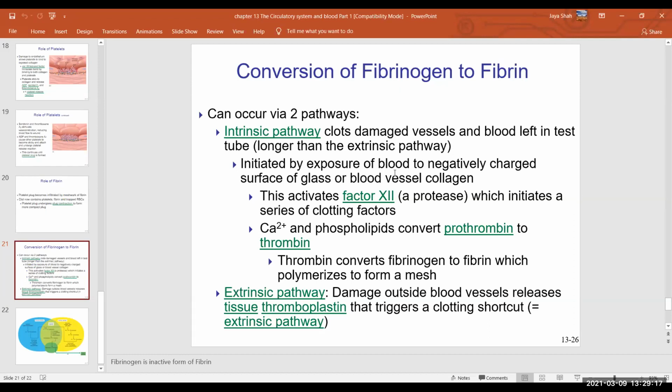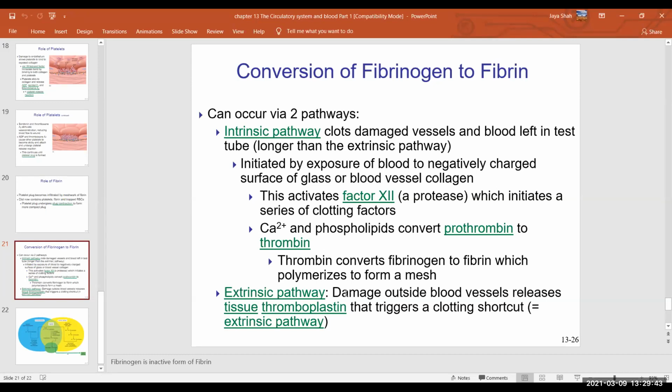And then it acts on other clotting factors; we have clotting factors 1 to 12. You don't need to go into that detail. Also calcium and phosphate help convert prothrombin to thrombin, and that thrombin converts the fibrinogen into fibrin, and then fibrin makes the plug stronger. Okay.